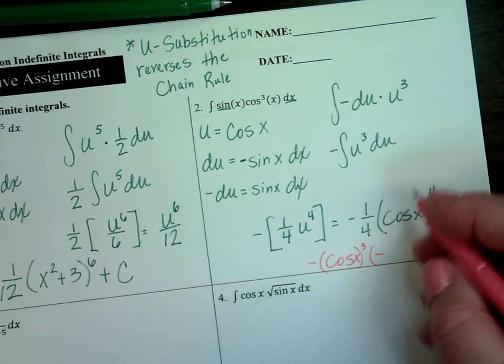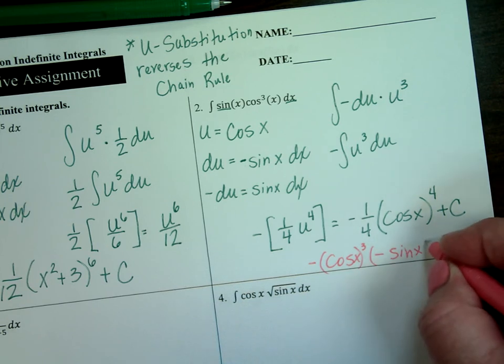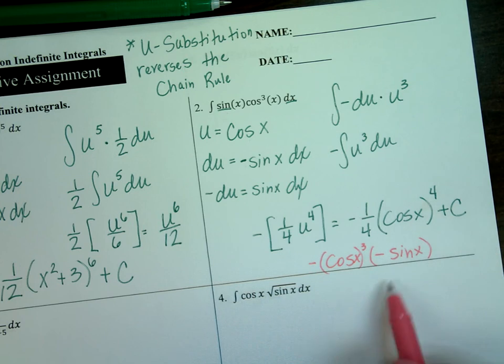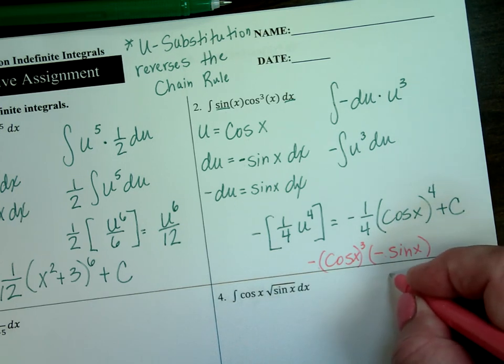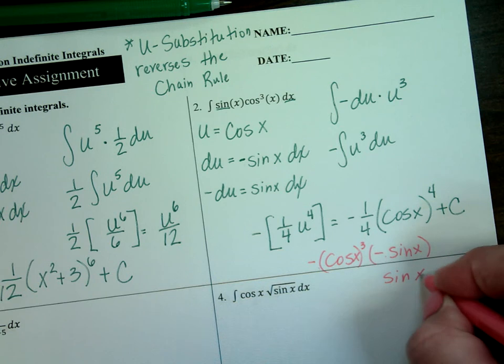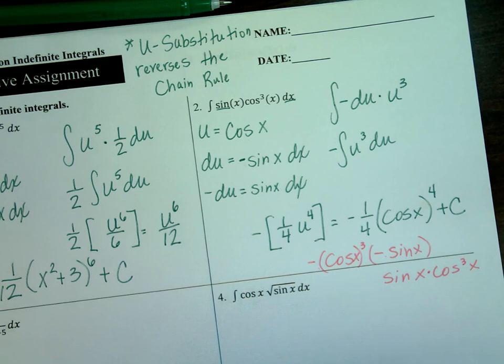Leave the negative, and then it'll be a negative sine of x. All right, and then if my negatives cancel each other out, now I'm at a sine of x, cosine cubed of x, and there I am, back where I was. Yep. So for all of these, you can check yourself is the point. Very good.